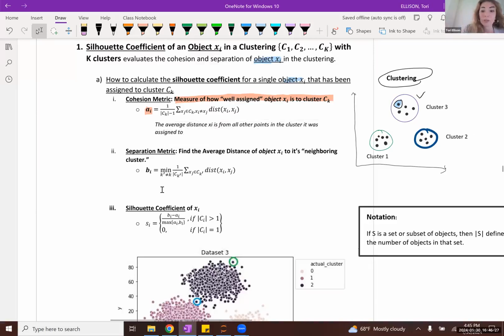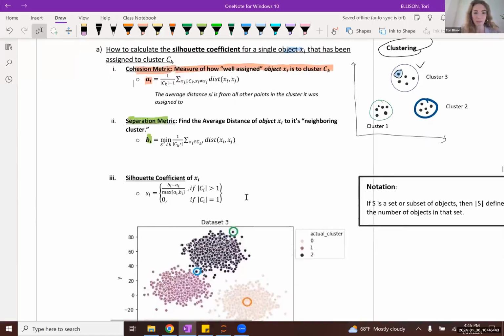And then for observation XI, we also calculate a separation metric for it. So this is the BI. And the way that we calculate the BI for a given observation is basically the following.